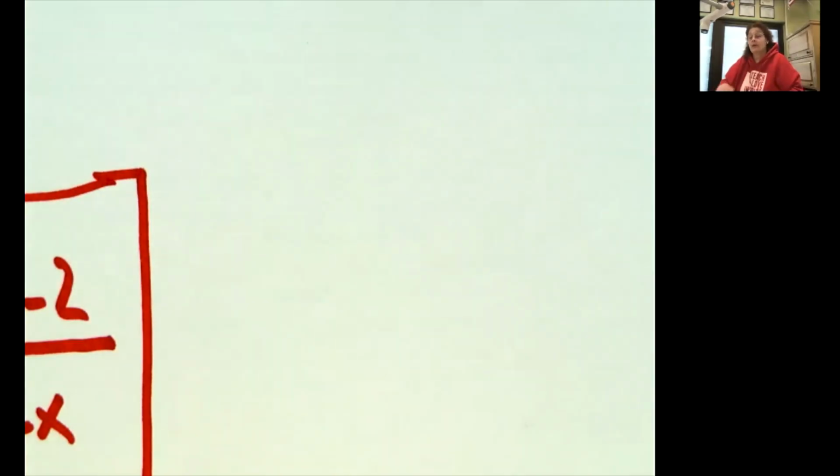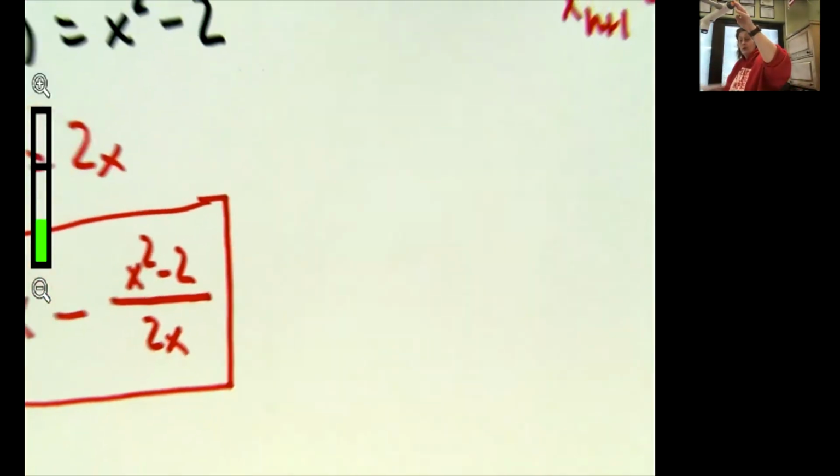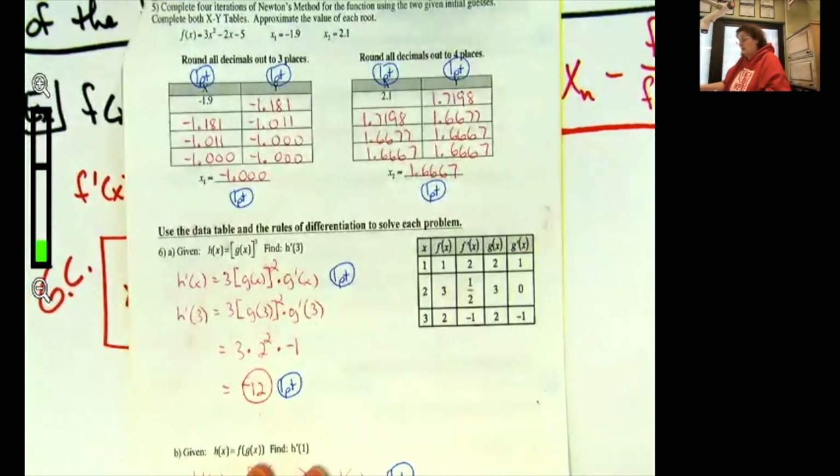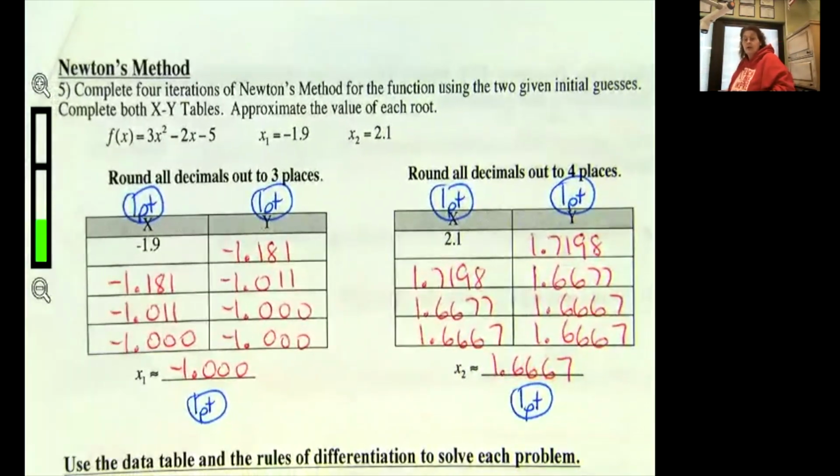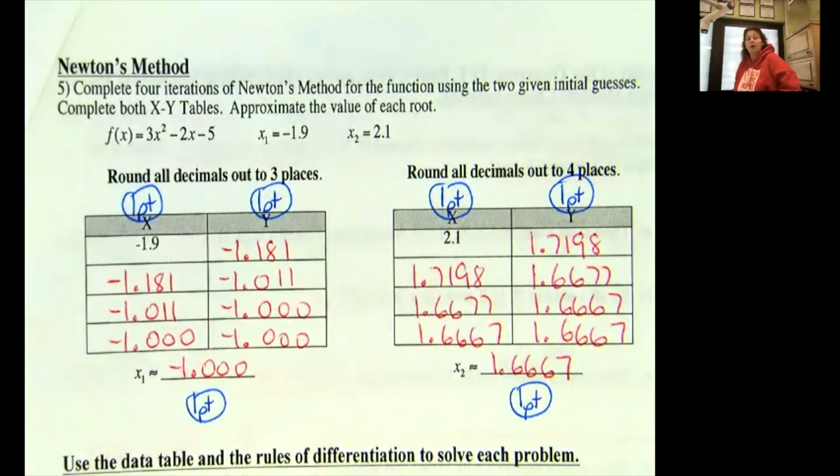Now, what this would look like if you were actually taking a written test for me, let's go back to sharing. This is just an old test that I have given. Let's zoom right in. This is how I have set this question up in the past.